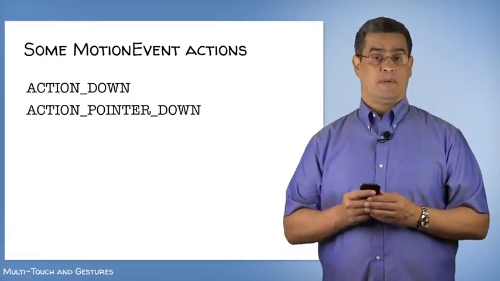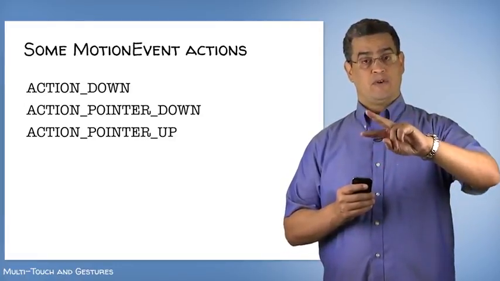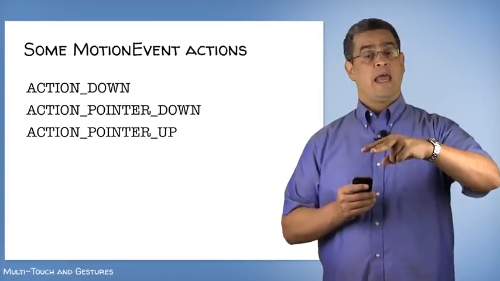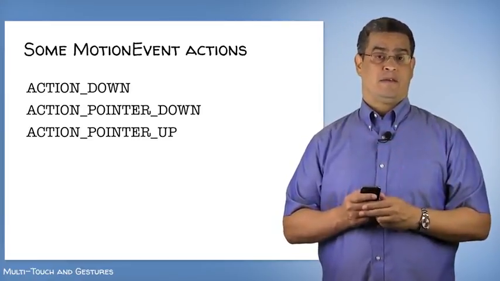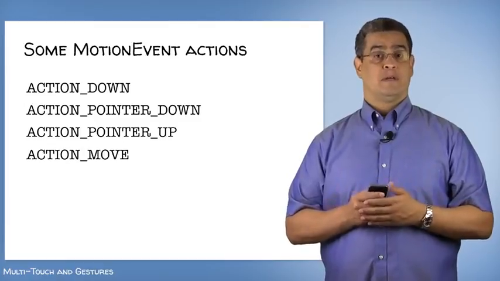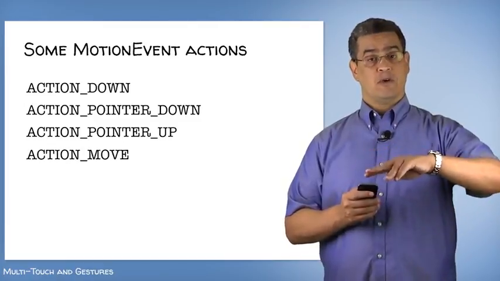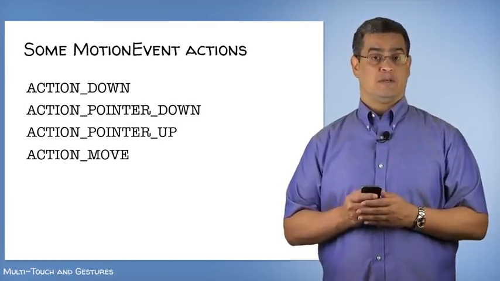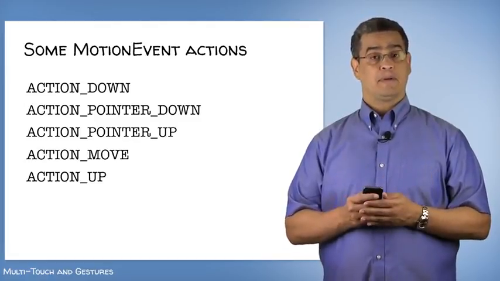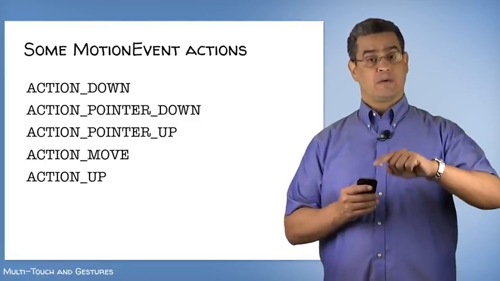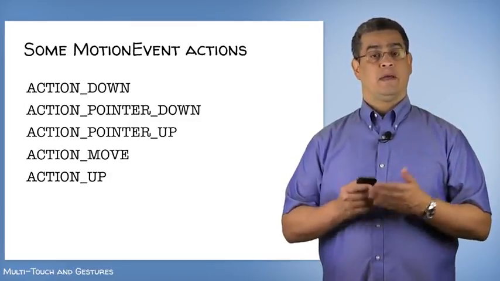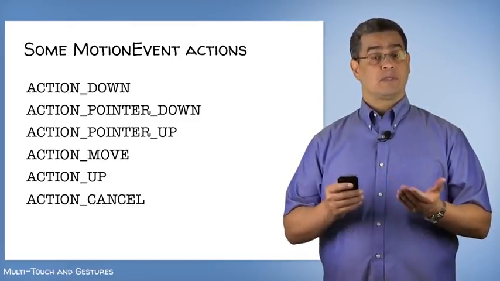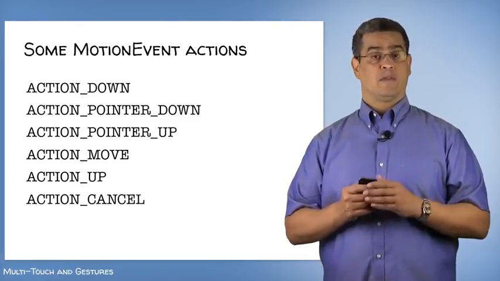ACTION_POINTER_UP. We've had an ACTION_DOWN and an ACTION_POINTER_DOWN, and now one of the fingers has stopped touching the screen. ACTION_MOVE. Some of the fingers that are touching the screen have changed their position. ACTION_UP. The last of the fingers that was touching the screen has now stopped touching it. And ACTION_CANCEL. Something has prematurely canceled the current gesture.